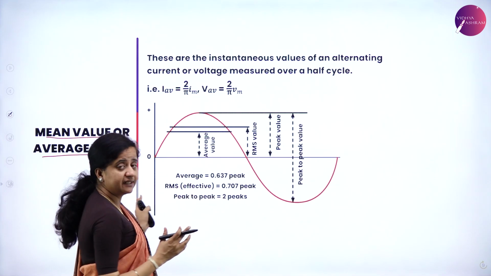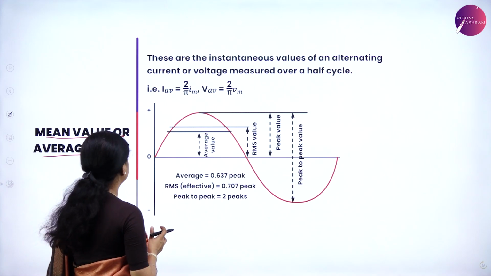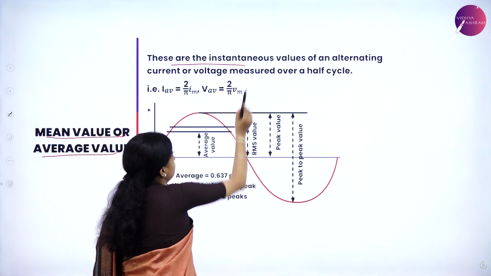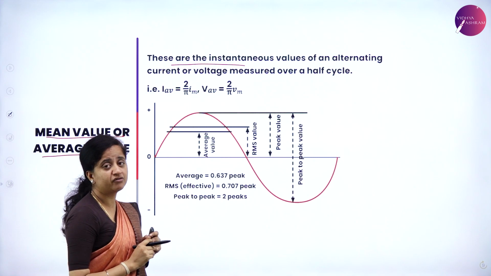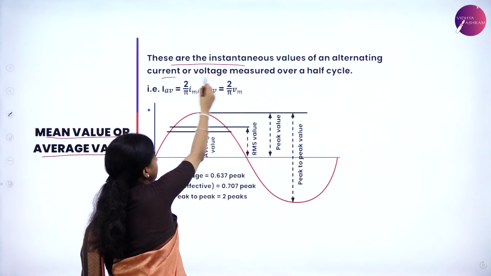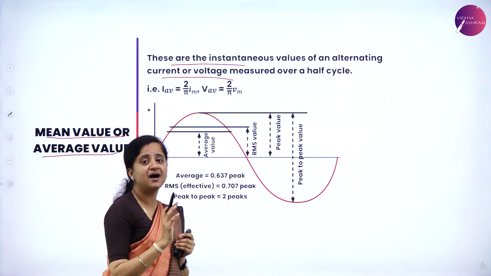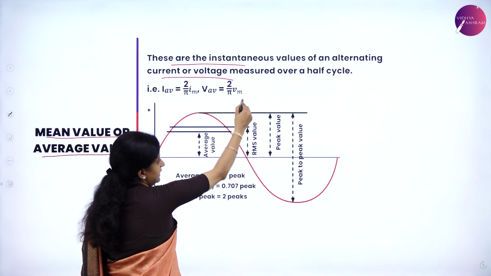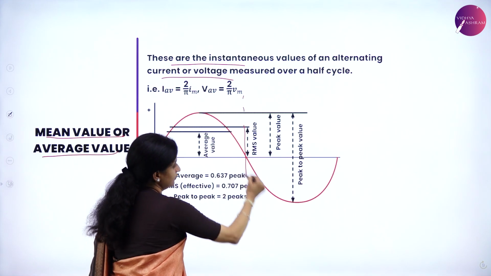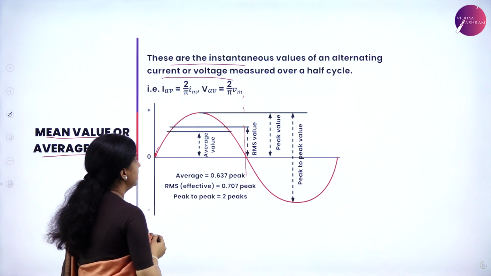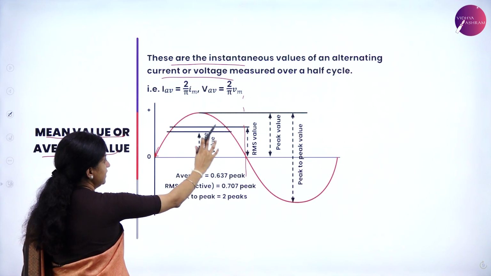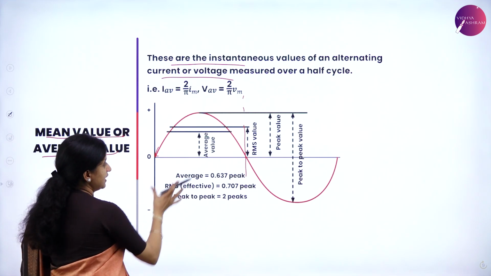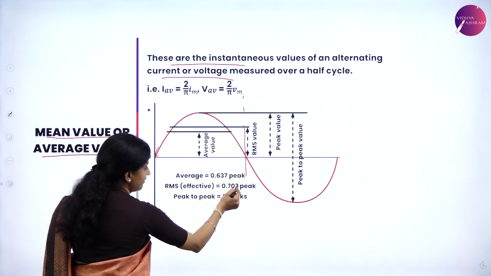Here in case of AC, the mean or average value is defined as the instantaneous value of an alternating current or voltage measured over a half cycle. The half cycle is this one. Since this is the full cycle, this is called the half cycle. The average value can only be measured over the half cycle.